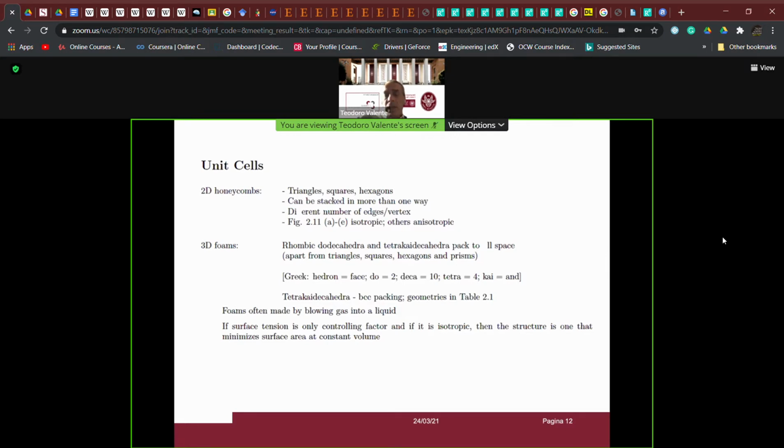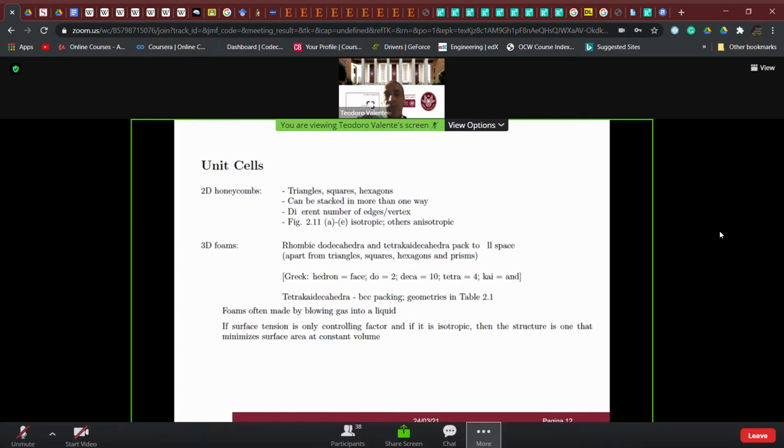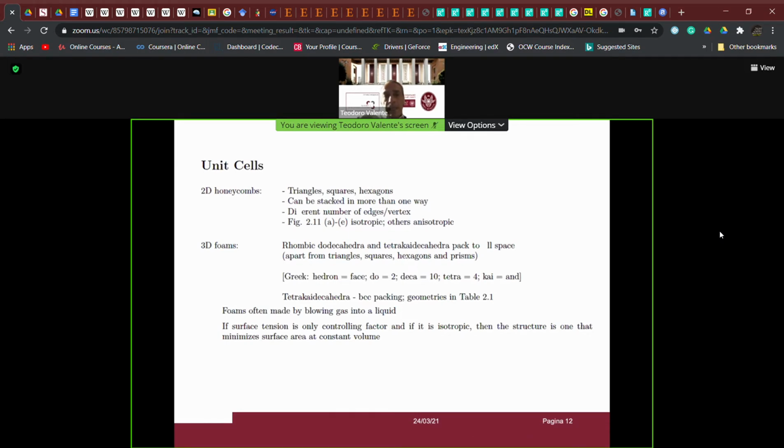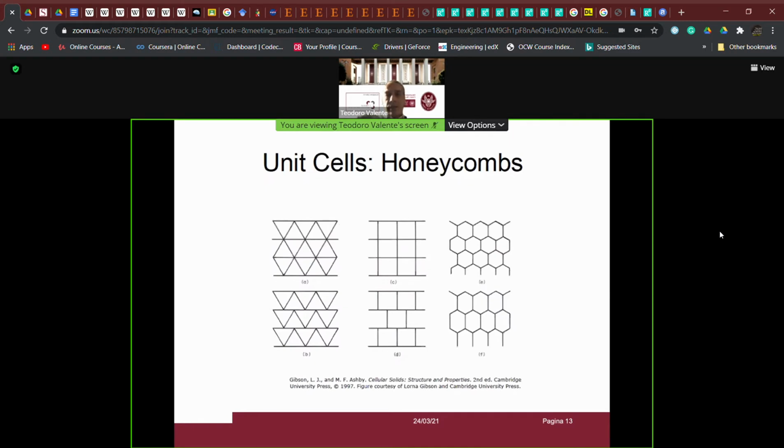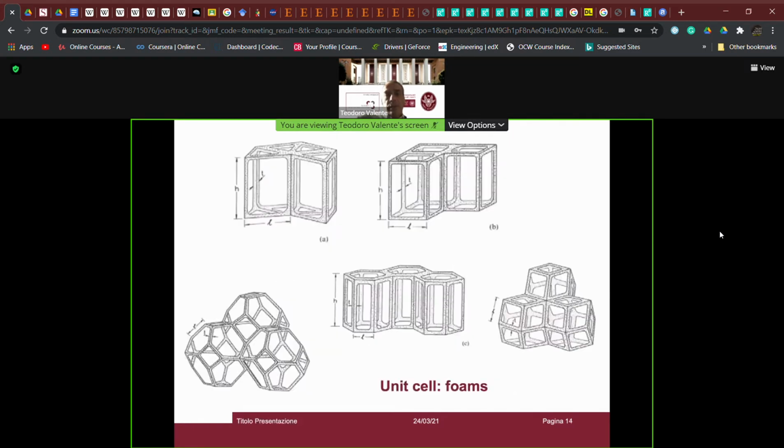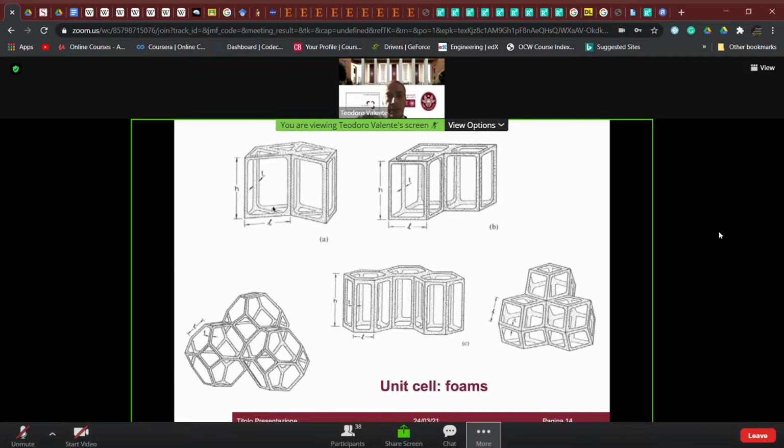And in this case, we have a lot of possible combinations, like, for example, rhombic dodecahedra, and so on. They are all classified, and all the basic geometrical relations according to the 3D cell geometry are known and can be found in specialized texts. This is one example of honeycombs. This is one example of 3D cellular solids.